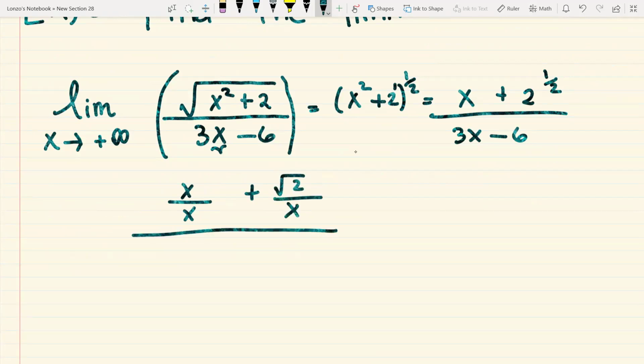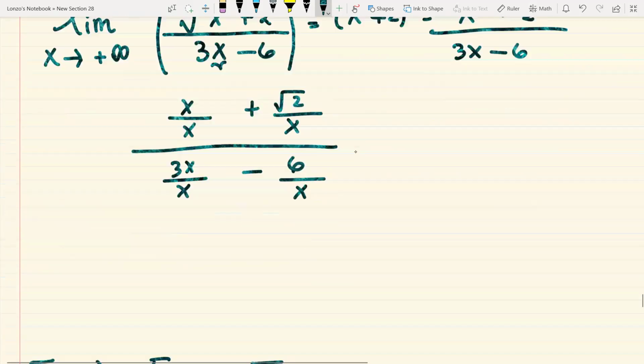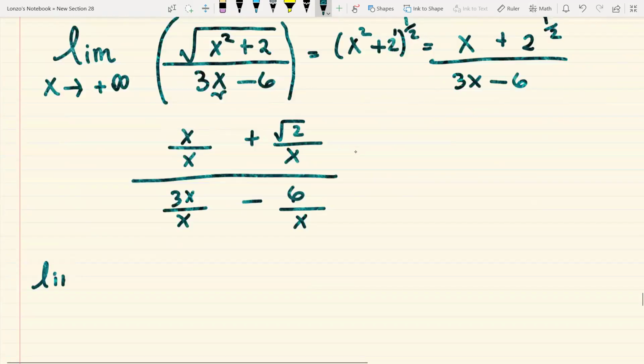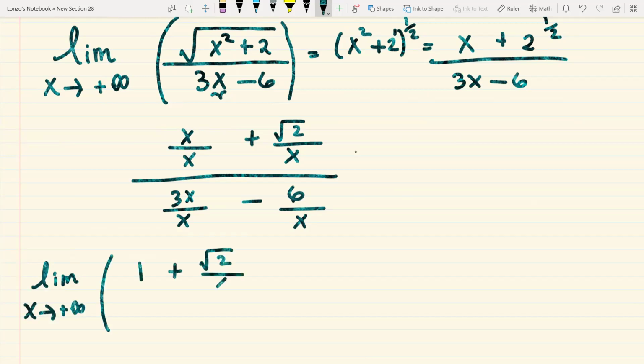And then on the bottom, 3x divided by x minus 6 over x. Okay, so you can rewrite this as the limit as x approaches positive infinity of x over x, which is 1, plus square root of 2 over x, over 3x over x, the x cancels, so 3 minus 6 over x.